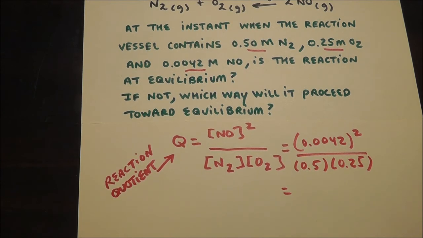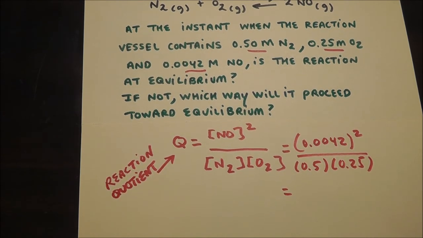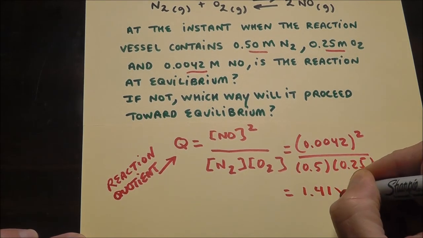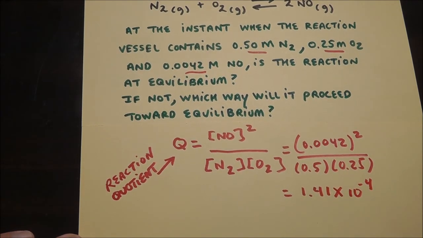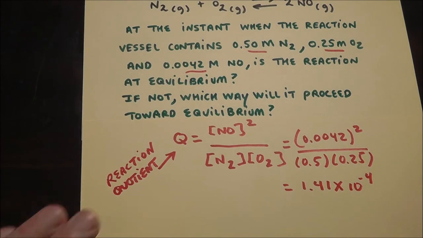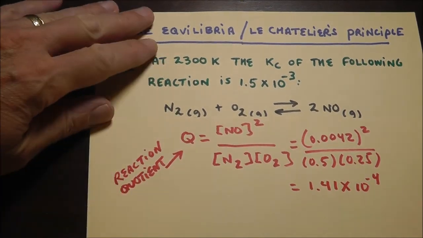Then I'm going to divide by 0.5, and then divide again by 0.25, and I'm going to get a value of 1.41 times 10 to the minus 4. So that is roughly tenfold less than K of 1.5 times 10 to the minus 3.